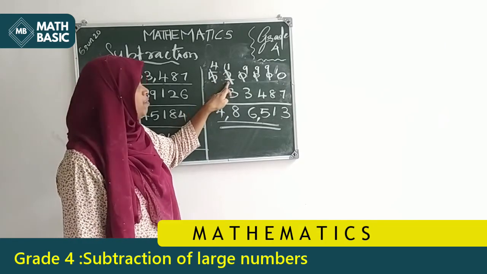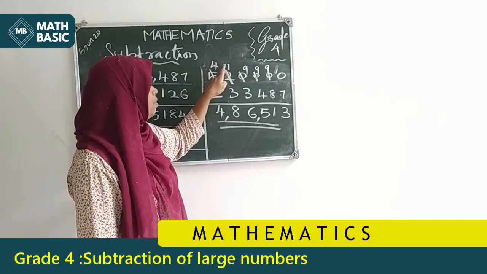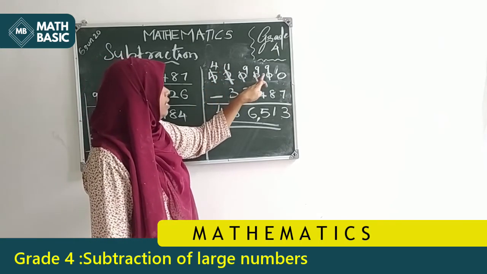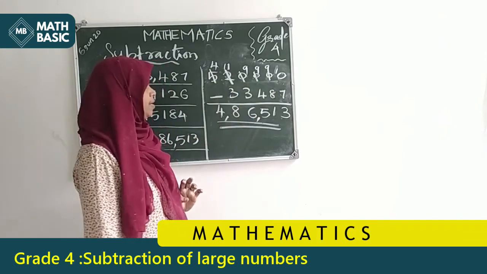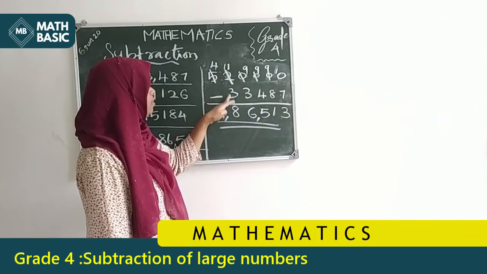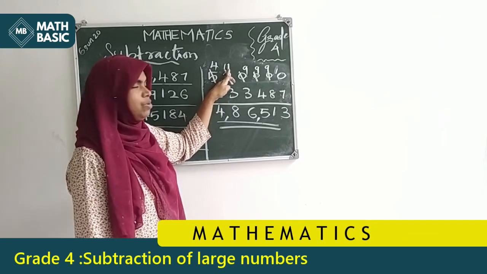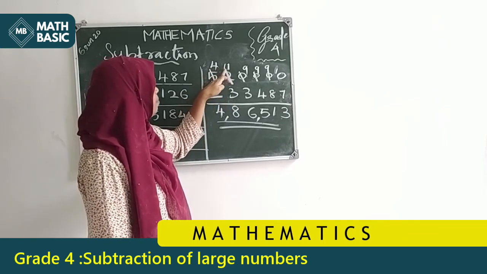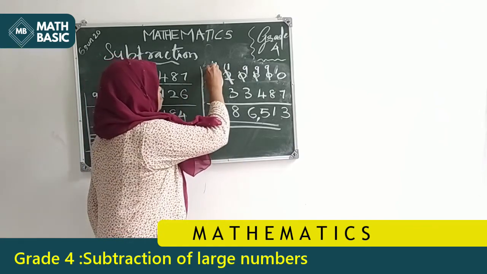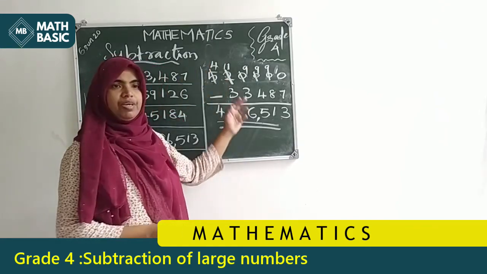Then 2 will become 1. Here these are all 9, 9, 9. This 10. Okay. Then 5 here, 3, subtracting 3 from 1 we cannot do. So this 1 became 11. That means 5 became 4. Okay, then we can do.